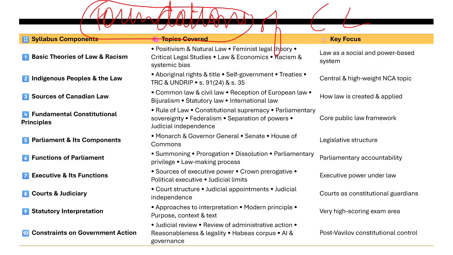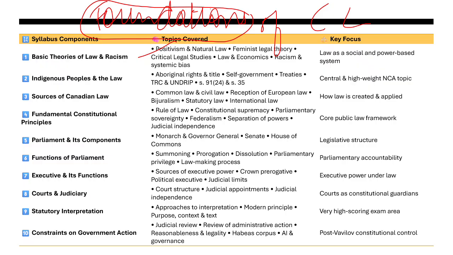Now, to understand a nation's law's foundation, you need to understand the thinking behind it, who the researchers behind those laws, those nation-building efforts are. For that we have a few theories: positivism, natural law, feminist legal theory, critical legal theory, law and economics, racism and systemic bias.